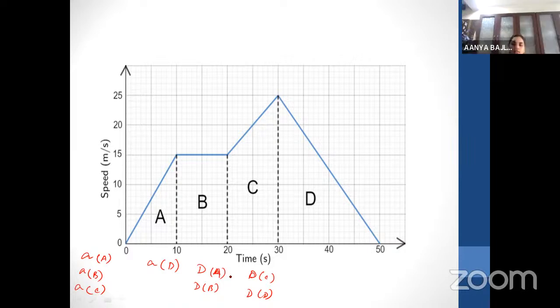For all displacements, you take half of the base times height, according to the figure.